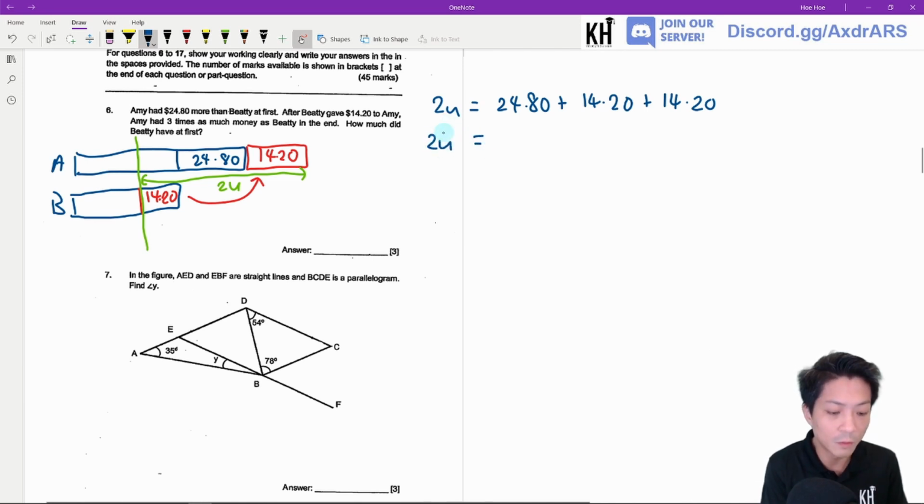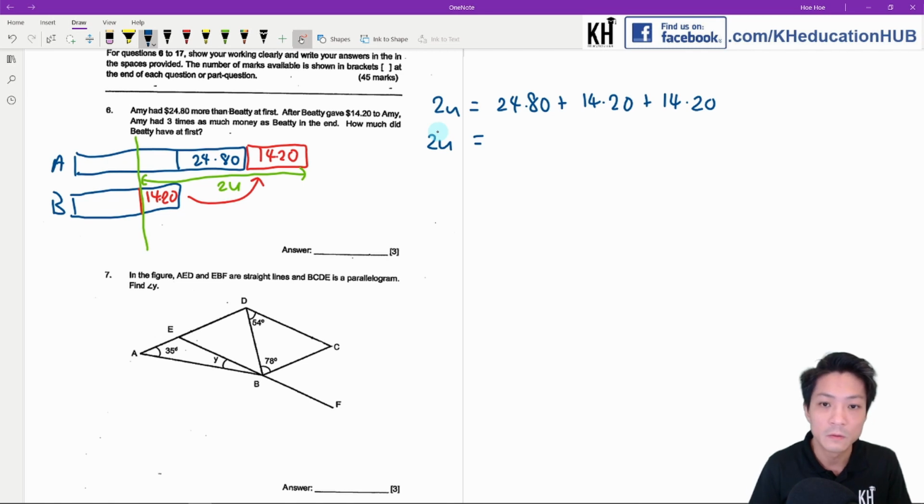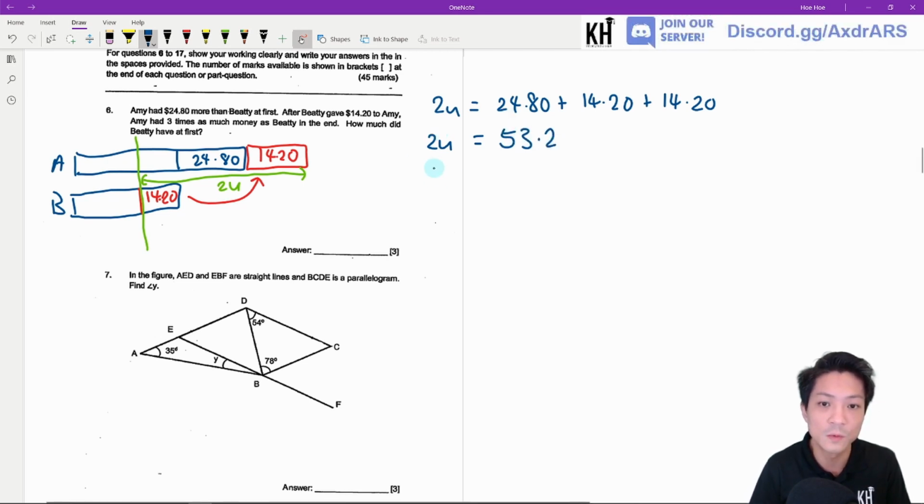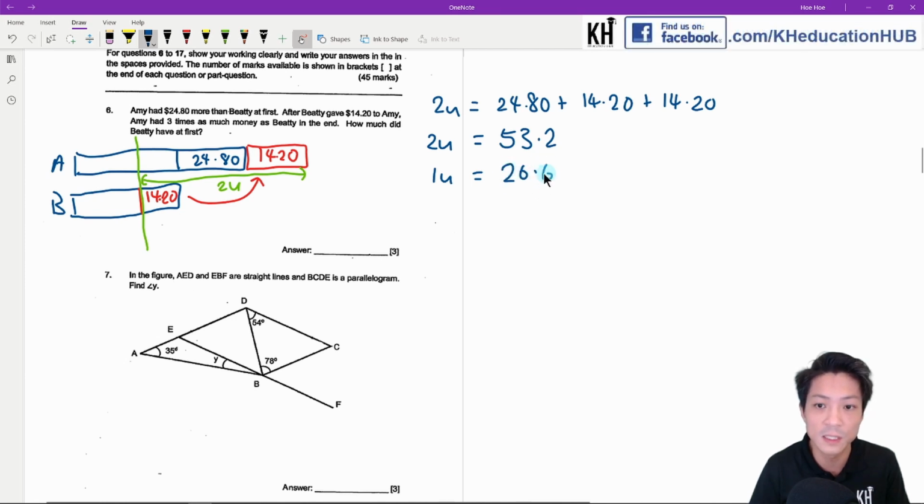Okay, 24.8 plus 14.2 plus 14.2 is $53.20, which means that let us find what is 1 unit first. $26.60. How much did Betty have at first?